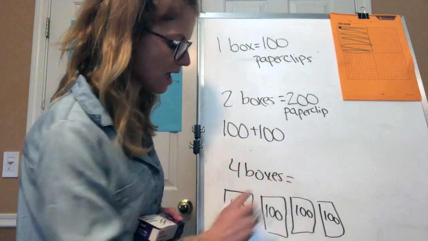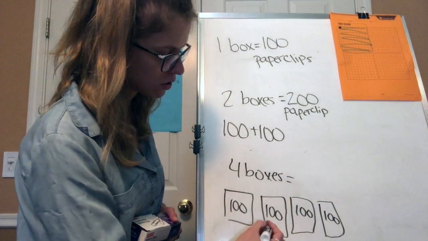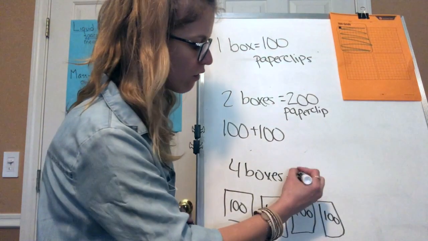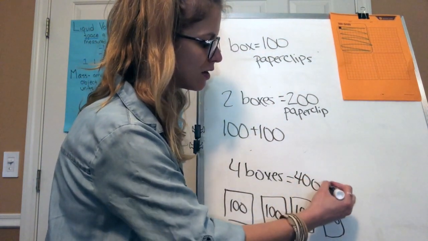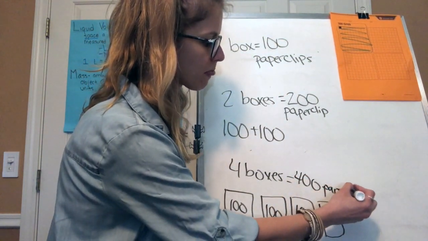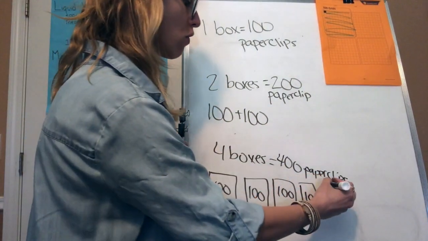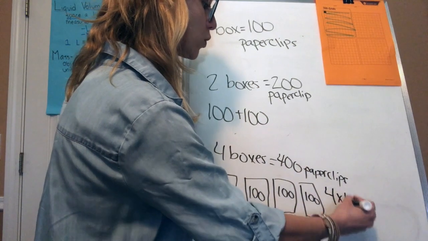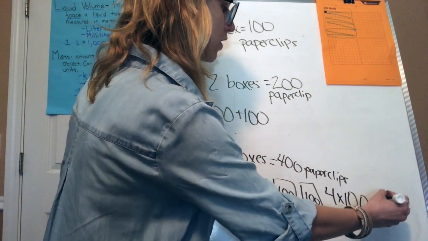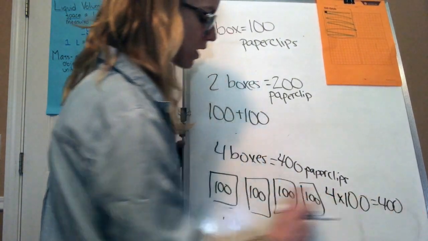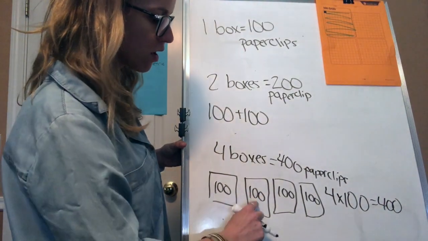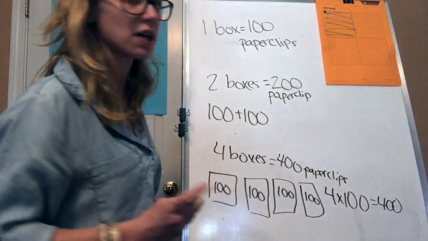So that would mean that I have 100, 200, 300, 400 paper clips. Or I can write 4 times 100 equals 400, because I have made 4 groups with 100 in each.